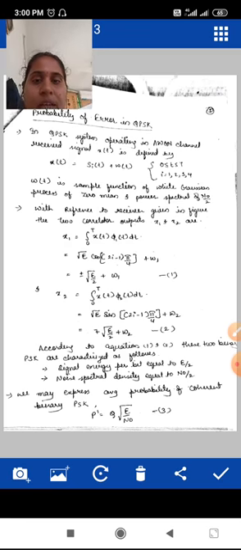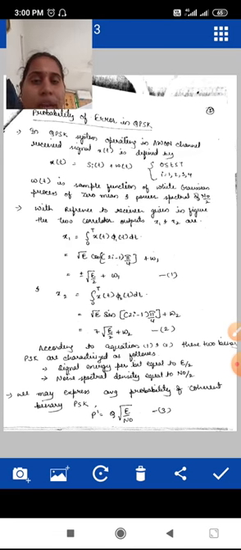Then for x2 also we get only the coefficient, that is root E sin (2i minus 1) into pi by 4. When you substitute i equal to 1, 2, 3, 4, you get either plus or minus root E by 2. In the same way, x2 will be plus or minus root E by 2 plus w of t.